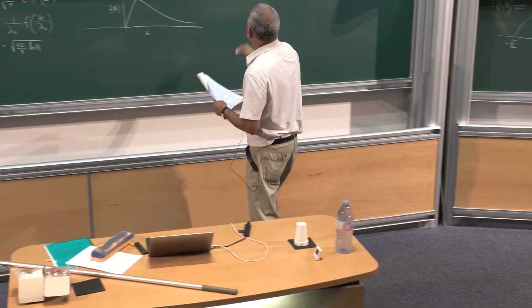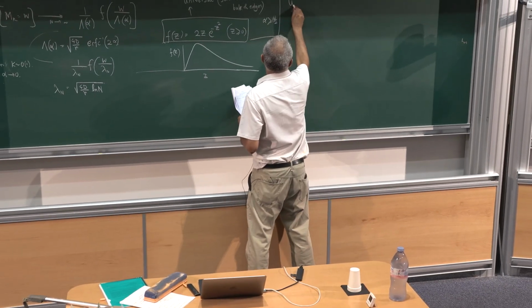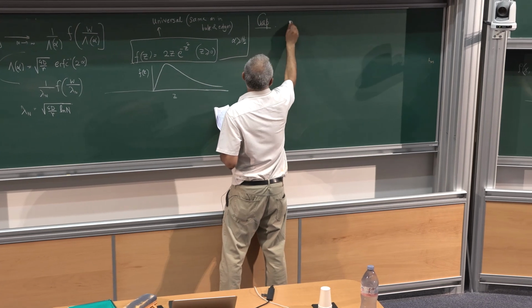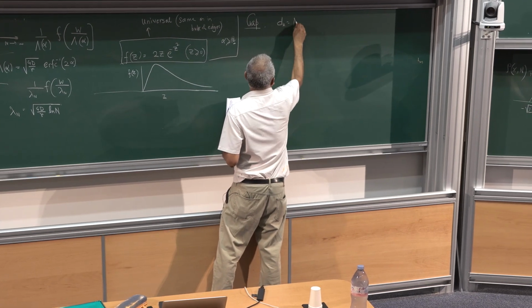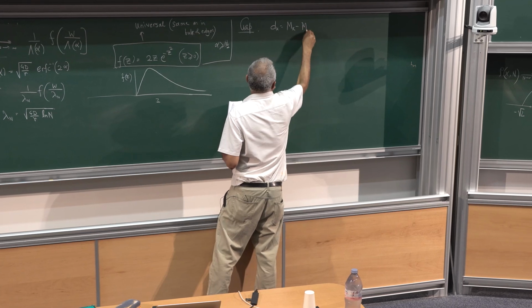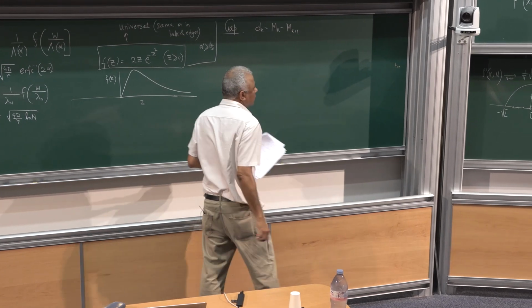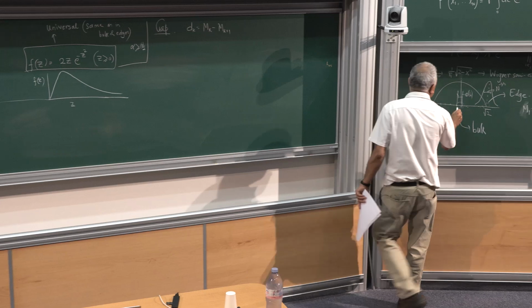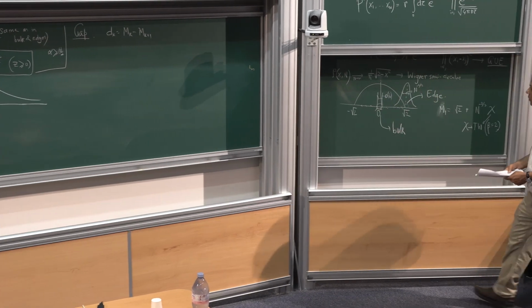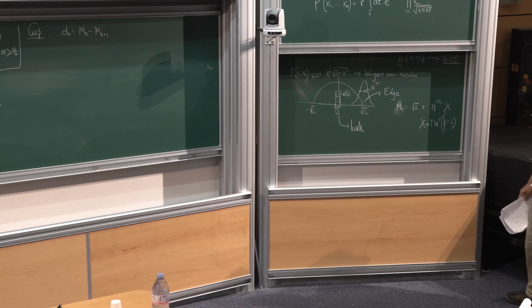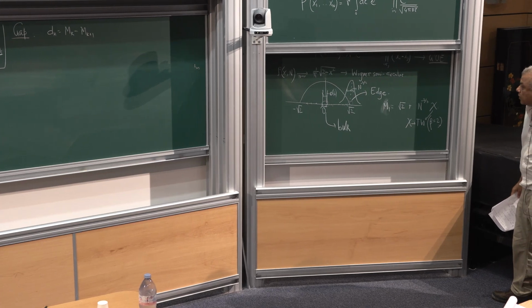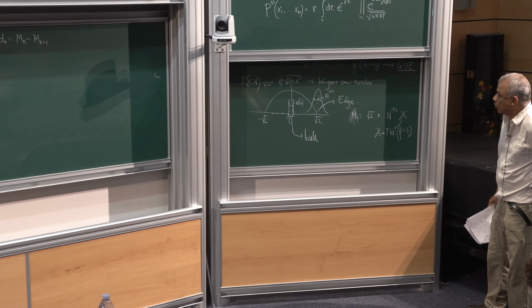Okay, so then I focus on the gap. Gap means the distance between the kth and (k+1)th particle. In the Wigner case, the log gas case, this is an object which is much studied, starting from Wigner.